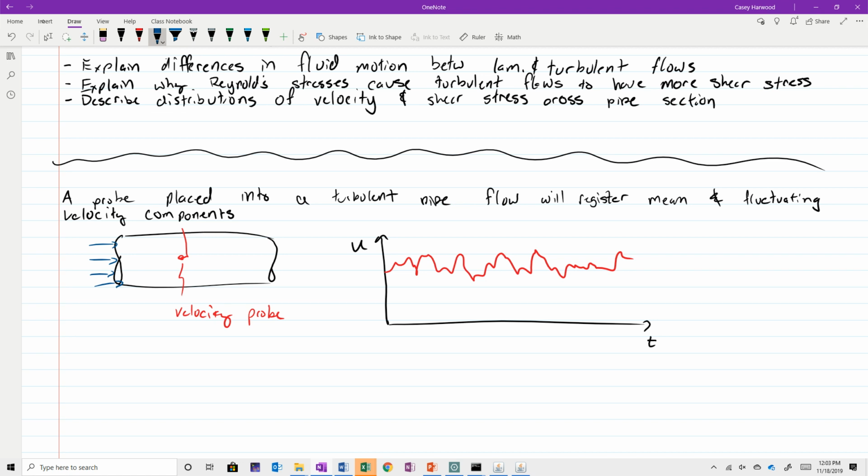It's moving to the right, but there are all these fluctuations superimposed on top of that average. So we strip out an average, and we say that u is equal to u bar plus u prime, where u bar is this average component, and u prime is the fluctuation about that average.